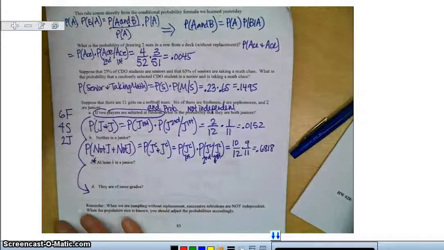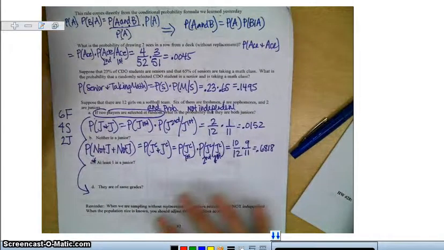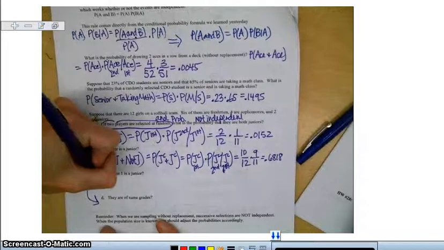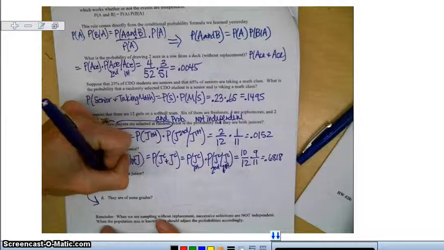All right, so now here's that "at least" probability again. It was in the last videos too. So at least 1 is a junior would be the probability that greater than or equal to 1 is a junior.